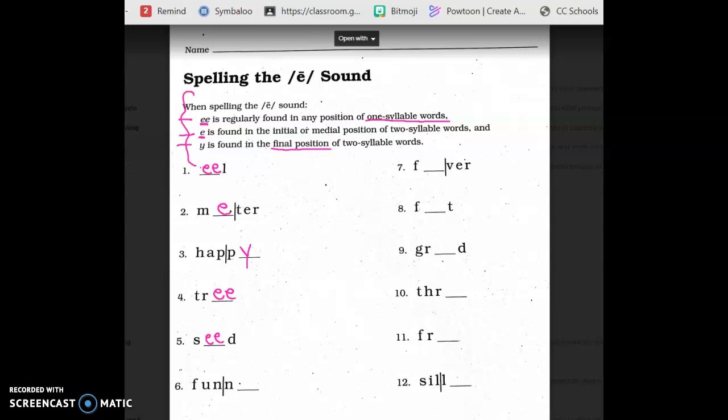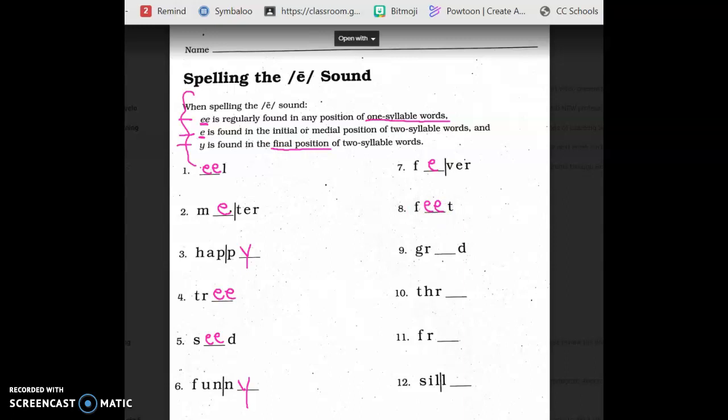Number six, funny. Final position, E sound will be Y. Number seven, fever. So it's a two-syllable word, so we're going to do one E there. Number eight, feet. Two E's.